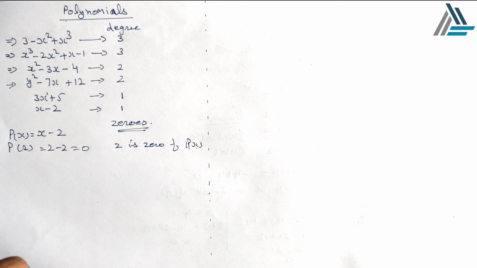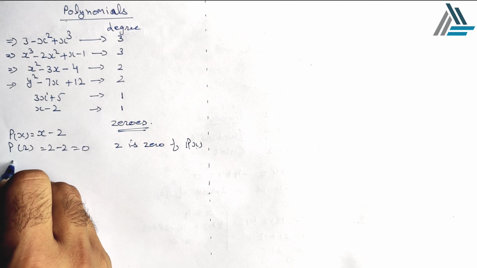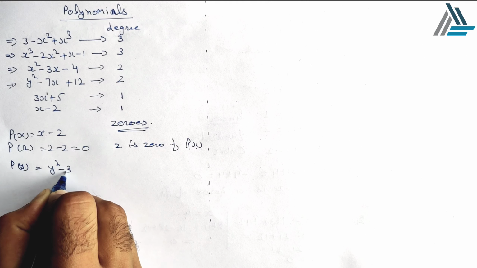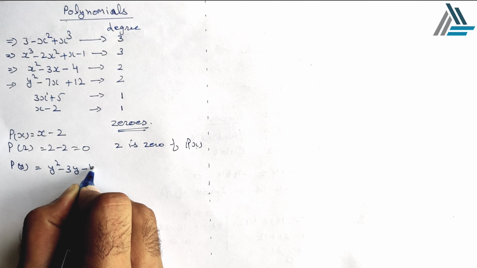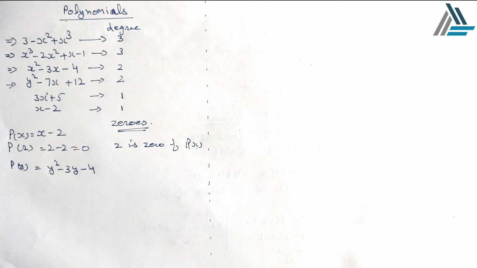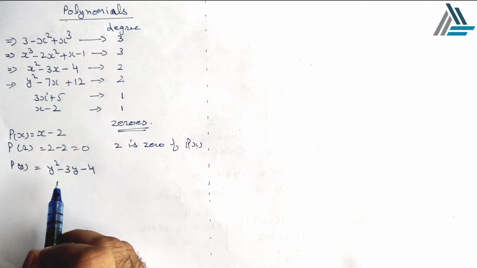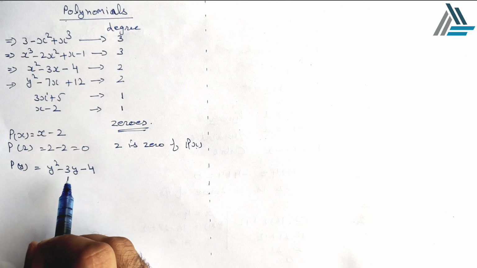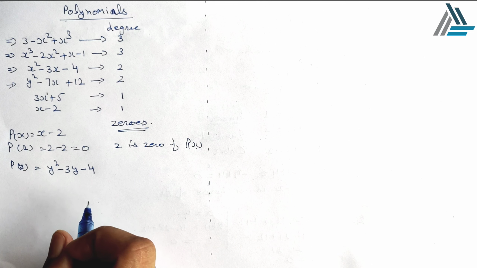Similarly, we take a quadratic polynomial p(y) equal to y square minus 3y minus 4. In this polynomial, the value of y which makes the polynomial 0 is called the zero of this polynomial.